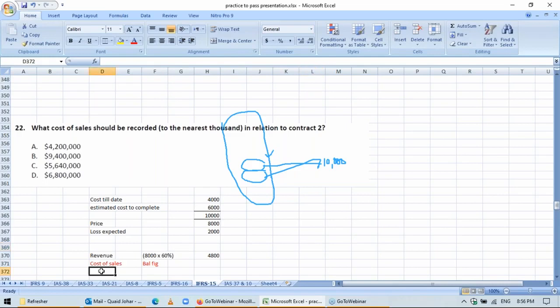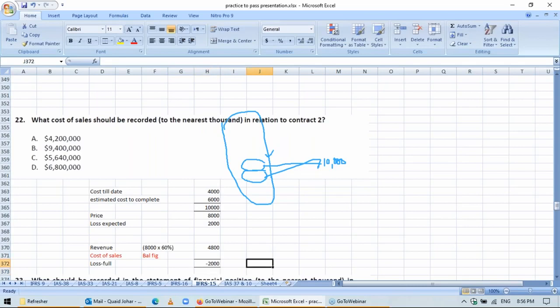You are bound to recognize all of the loss. You cannot recognize just 60% of the loss, as you will be following the prudence concept. So the loss amount is minus 2,000. What should the cost be? The cost will be 4,800 plus the loss.